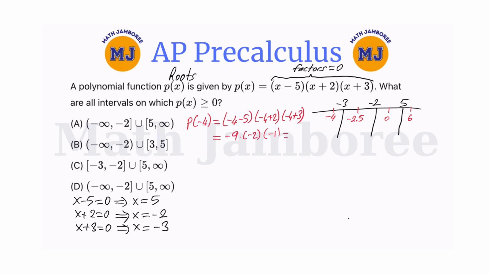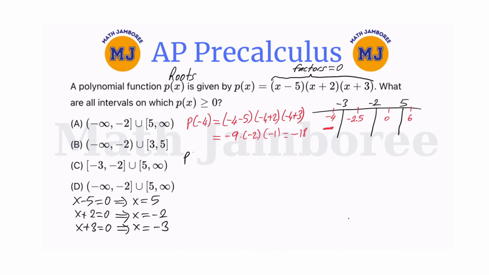There are 3 negatives. The number of negative signs is odd, so the result must be negative, negative 18. So the polynomial is negative within this region.